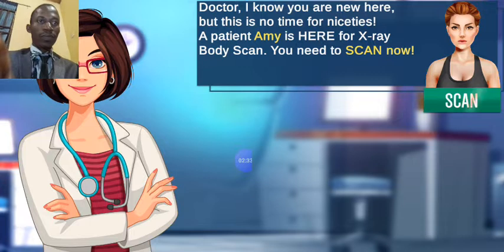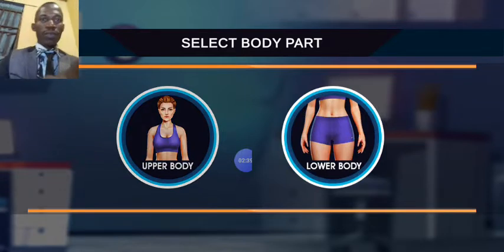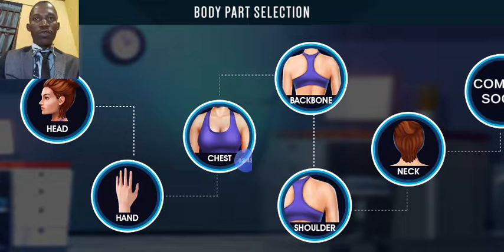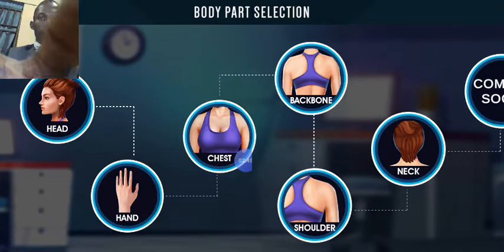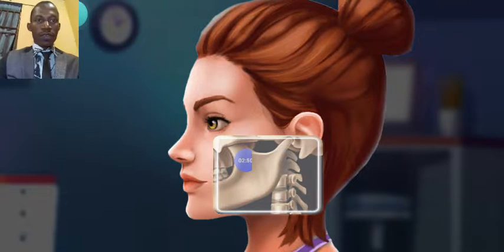Okay, so we are going to scan a patient here, and then we are going to take a look at the bones and their functions. I've already told you the parts of the head. Okay, so this is what we have here.